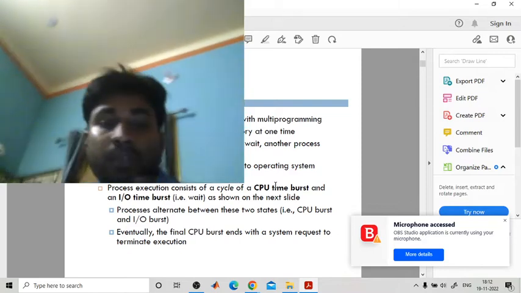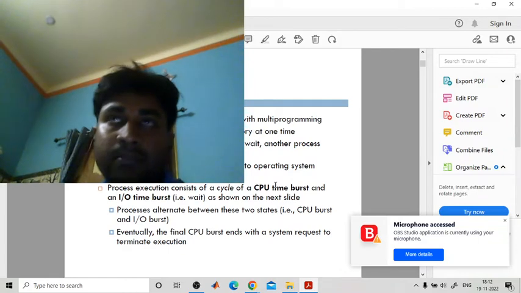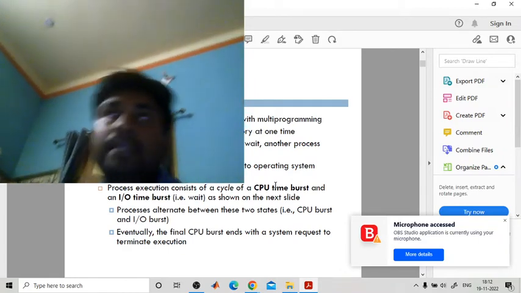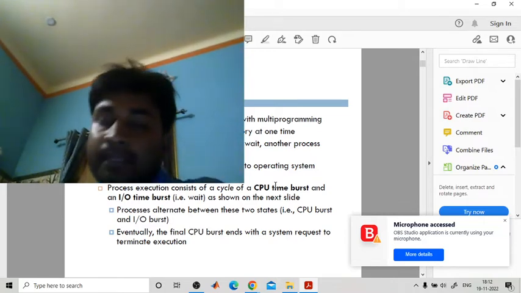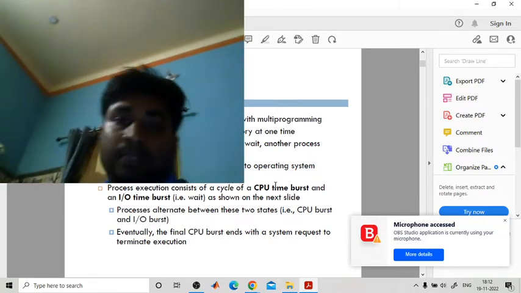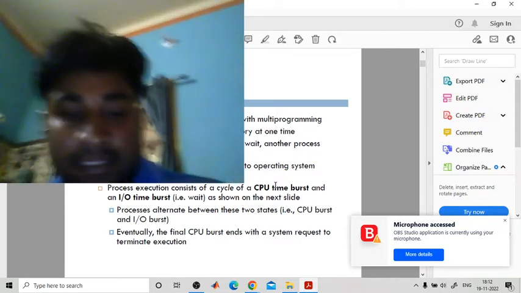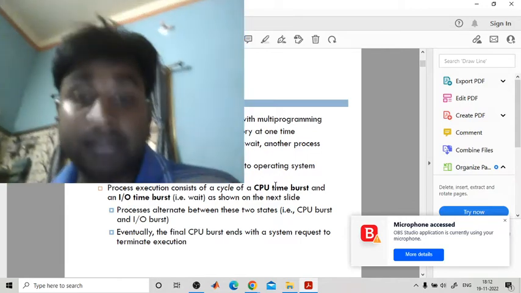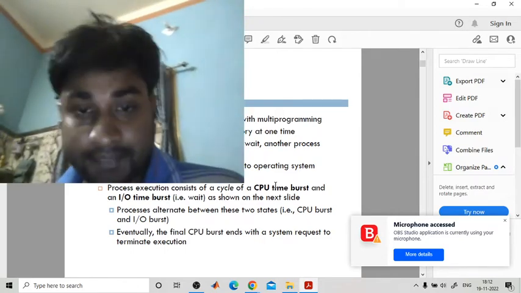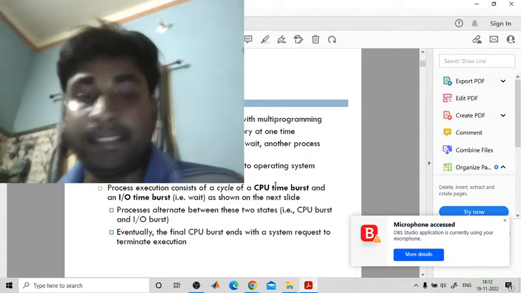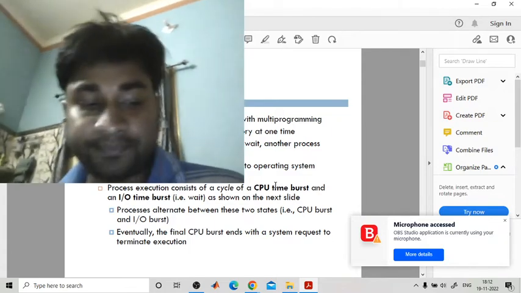When a process comes, when it is actually born, that state is called the new state. That means the process has just been created. Then when it is ready for execution, it is in the ready state, and in the ready queue the processes wait for execution.